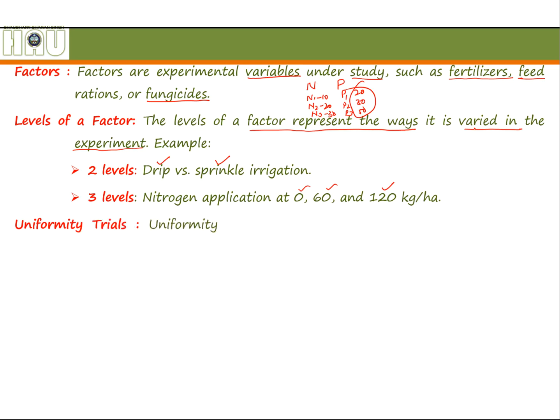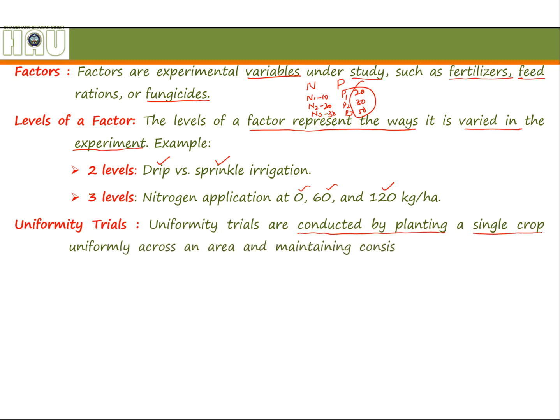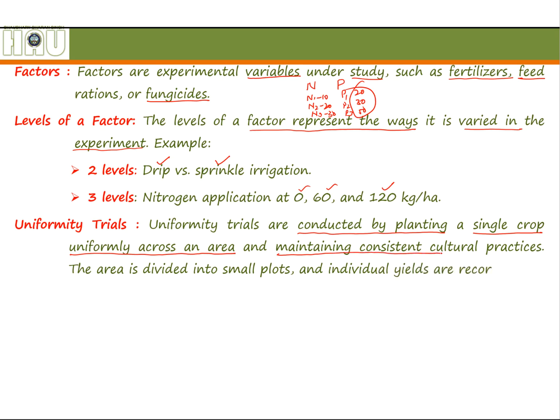What are uniformity trials? Uniformity trials are conducted by planting a single crop uniformly across an area and maintaining consistent cultural practices, that is the package of practices. The area is divided into smaller plots and individual yields are recorded.